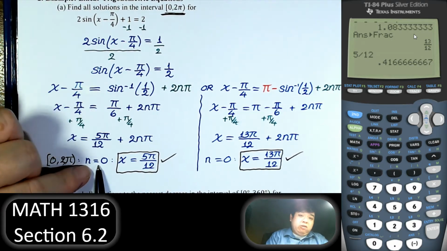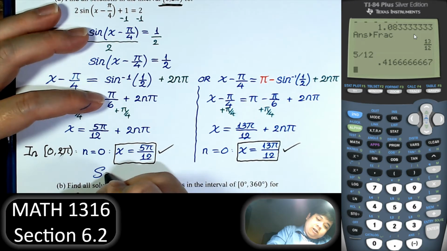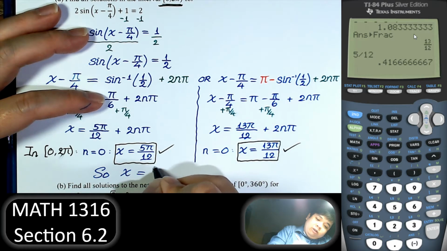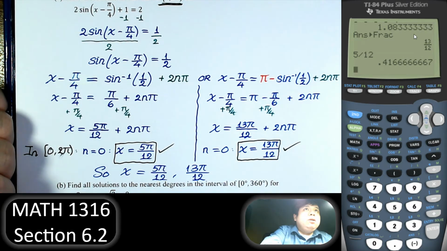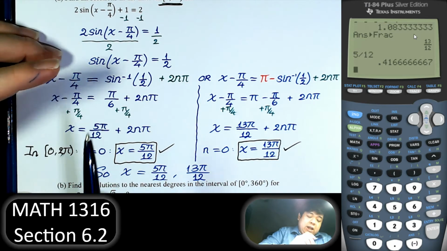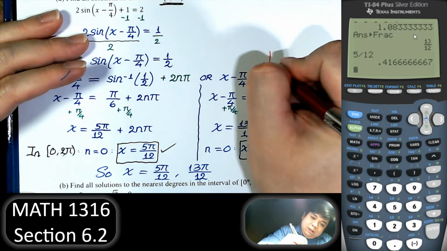So once you find the values, that's good enough. So we have the values of x equal to 5 pi over 12, or we have 13 pi over 12. Right, so sine inverse or the supplement.